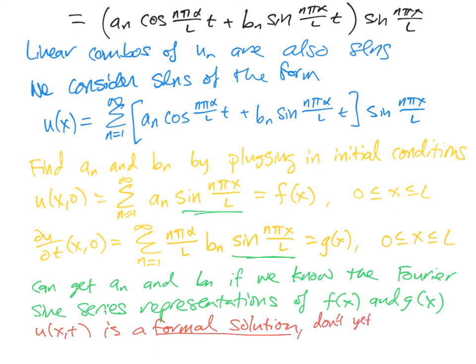You don't yet understand convergence, etc. But we will get into that. And so that is the last example that we're going to do in this section. And we'll go on to talk about the Fourier series in a little bit more depth in section 10.3.